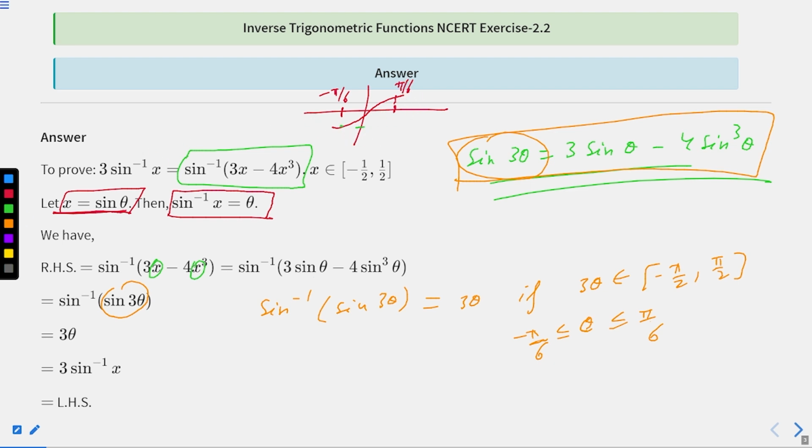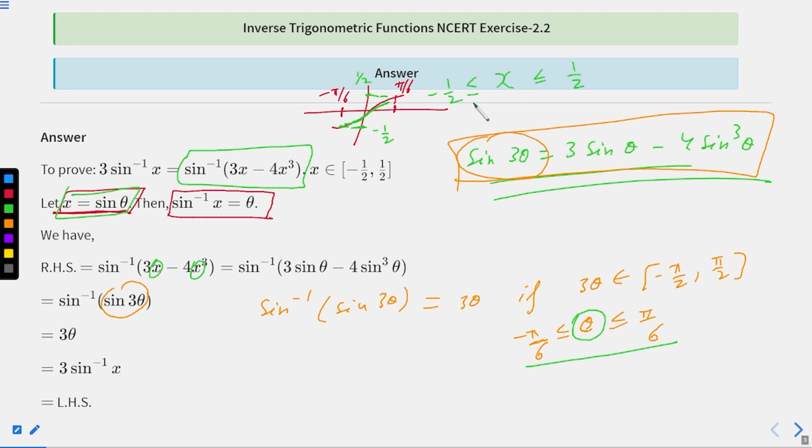At minus pi by 6 you will get minus 1 by 2, and at pi by 6 you will get 1 by 2. As you can see, if theta is in between minus pi by 6 to pi by 6, your sine theta will be in between minus 1 by 2 to 1 by 2, and sine theta means the value of x.